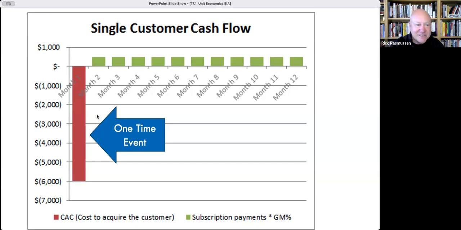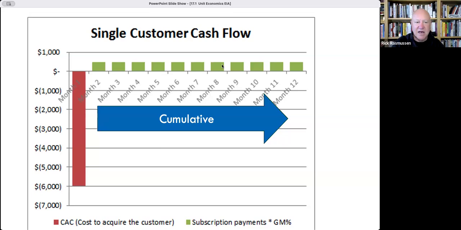Then you make money. So this is your money, your margin coming in. So you've signed a contract with them and your margin comes in. It may be steady like this or maybe lumpy, but you should in general know what that looks like. And this is the margin. It's not the revenue. So we subtract out the cost of goods sold. So you spend money, you make money, and this accumulates over time.